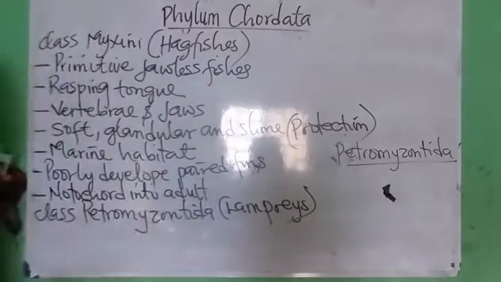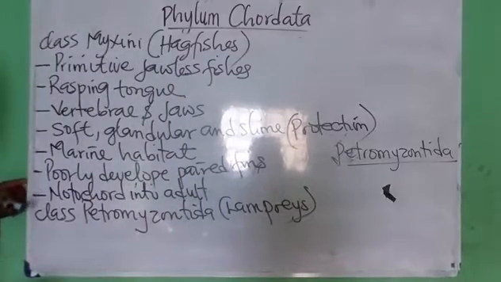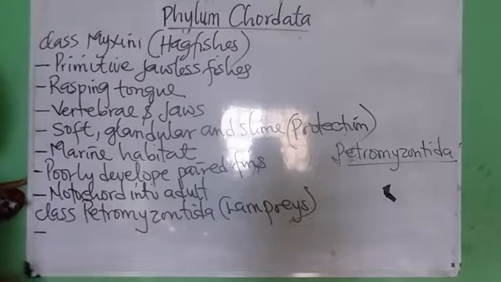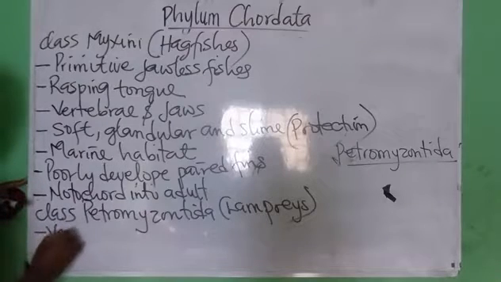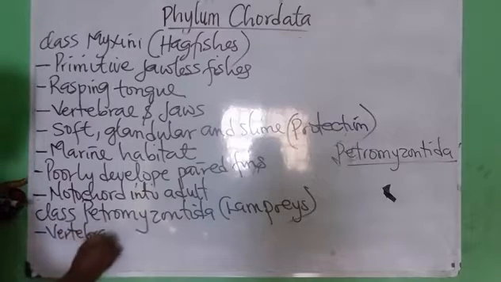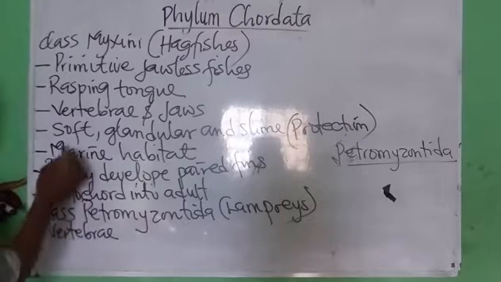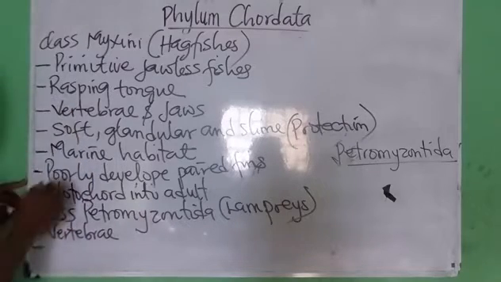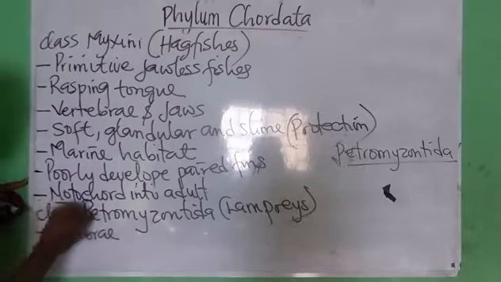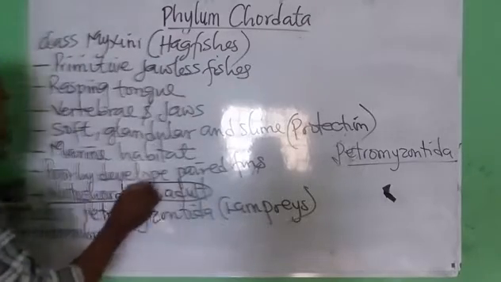Now, what are the features of the lampreys? All right, they lack vertebrae. They lack vertebrae, and is there another one? Secondly, they also have notochord. All right, they have notochord. They develop notochord into what?